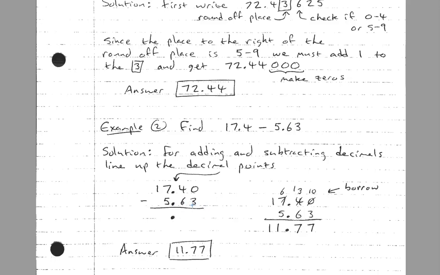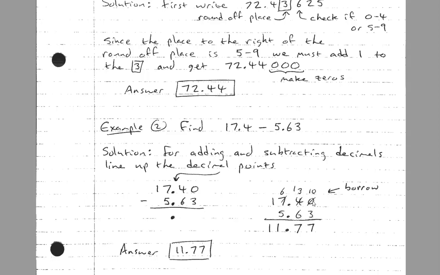So it's helpful to line these up too, you can add an extra 0, an insignificant 0 to the 17.4. Alright, and the decimals are lined up, including the decimal point of the answer, and that's going to line up in the same line. And now you can just pretend they're whole numbers.